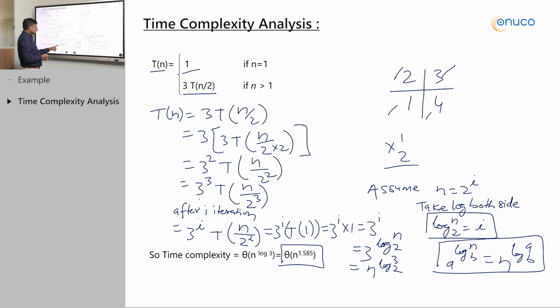Hence, time complexity is n to the power 1.585. So it means this n to the power 1.585 is lesser than the regular time complexity of n square. 1.585 is less than 2. Hence, this is more efficient compared to regular or general integer multiplication.